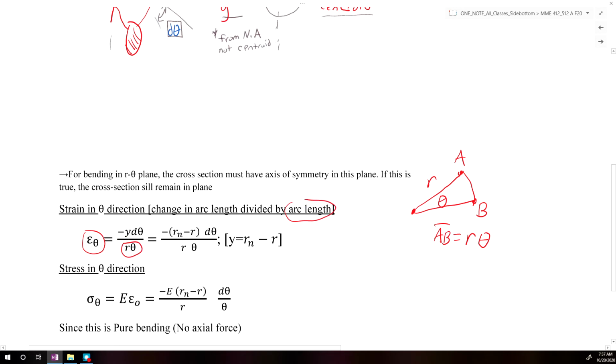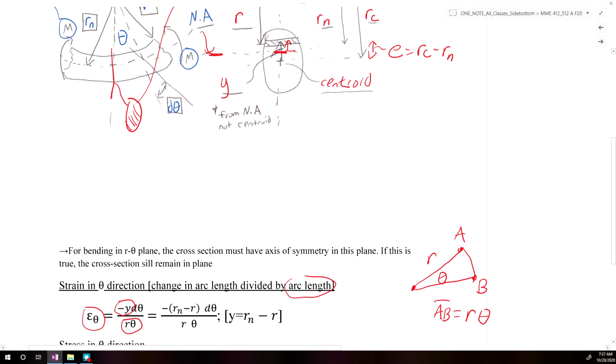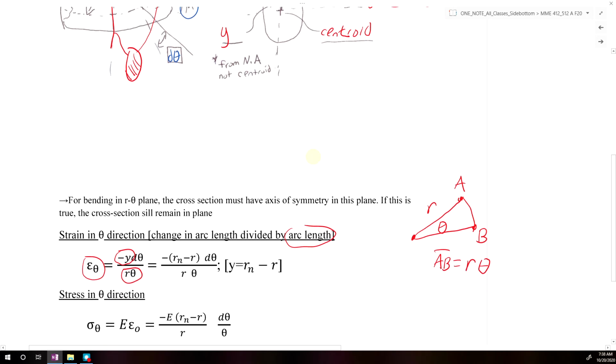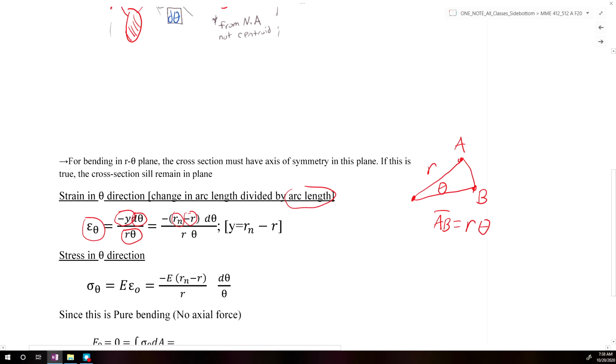The change in arc length is going to be dependent on the location y times d theta. d theta is a very, very small angle, and y is just equal to the distance from the neutral axis to the point of interest on our section. So now we have a definite equation for strain.